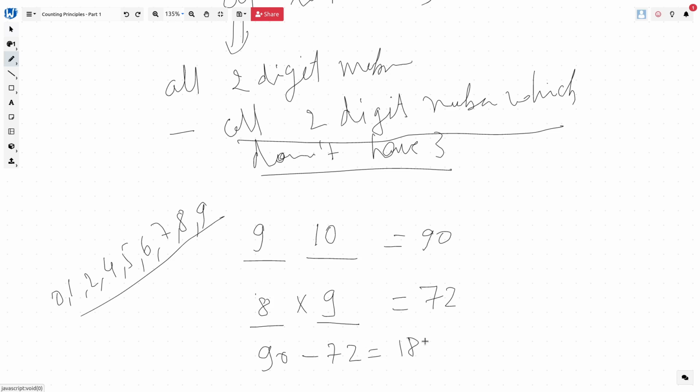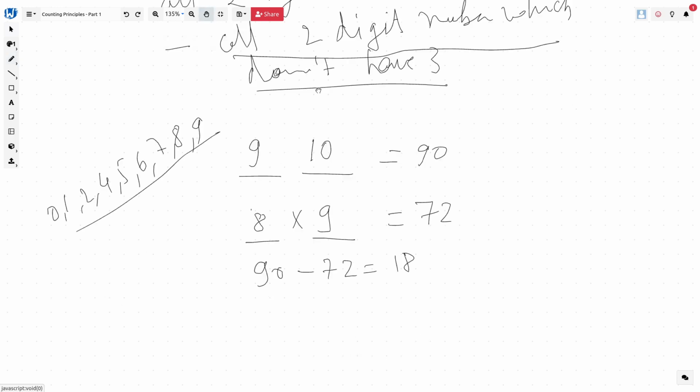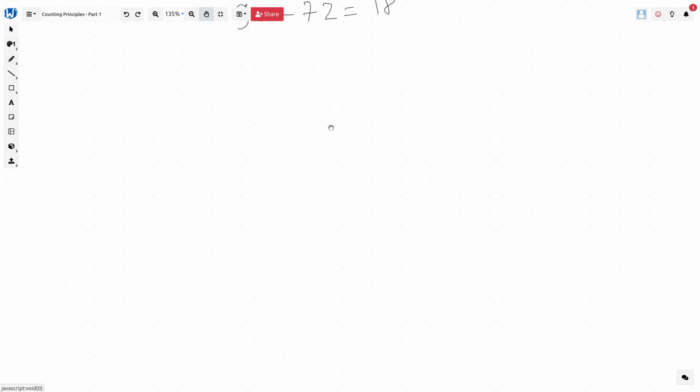Easily. Because see, if I ask you to count all the 3-digit numbers which have at least one 3, it would be really difficult to count by simply counting, but you can do it easily by putting 3 boxes here. The first digit can be filled in 9 ways, this in 10 ways, this in 10 ways. So we have 900 three-digit numbers. For those which don't contain 3, the first can be filled in 8 ways, this in 9 ways, this in 9 ways.